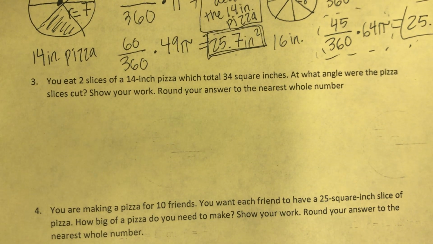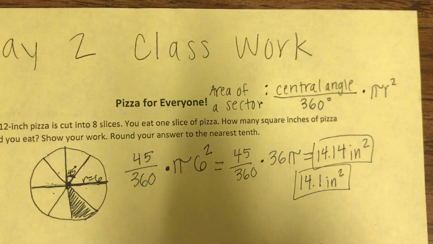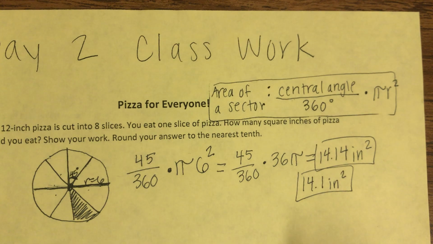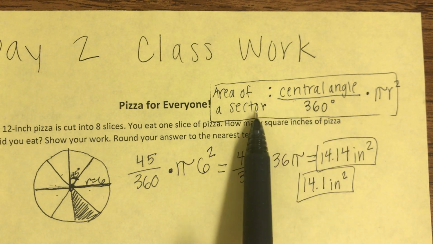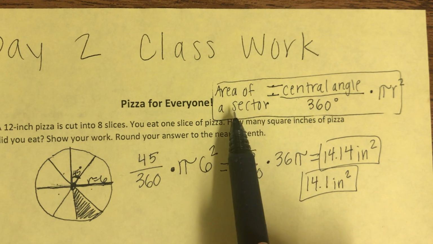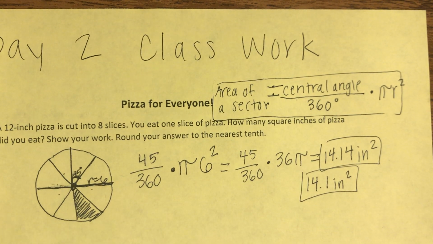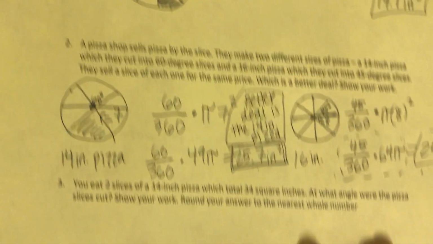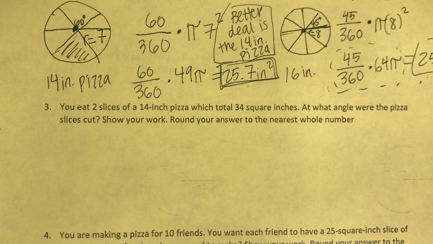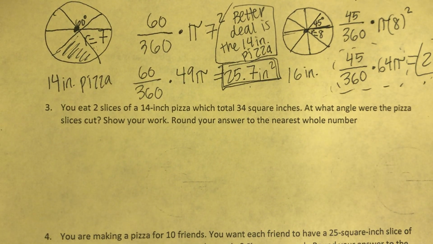So what that means is we are going to use this formula up here again, but instead of getting it to equal the area of a sector, we're going to know what the area of the sector is, and we're going to put in an x for the central angle, and we're going to have to solve for x. So let's take this slowly. If that didn't make sense, hang in there. I'm going to show you how to do it right now.